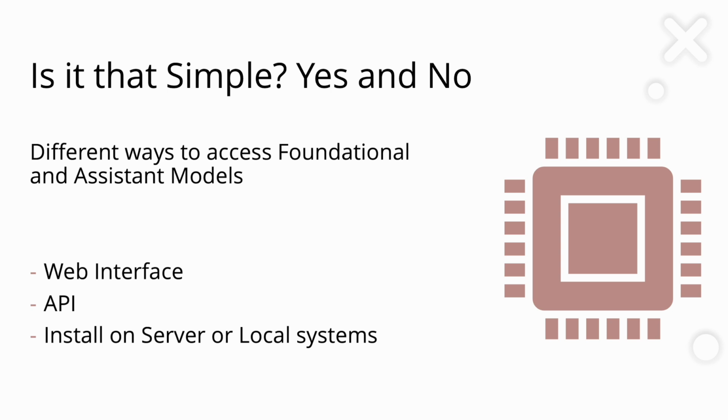It's like you send a few packets and receive a few packets over the internet. Or, as I was showing you, you can install it on your local server or desktop and play around with it. All three work for open source. In the case of closed source, only the web interface and API work. The third is only true when it is open source, where you can download the weights and the parameters.